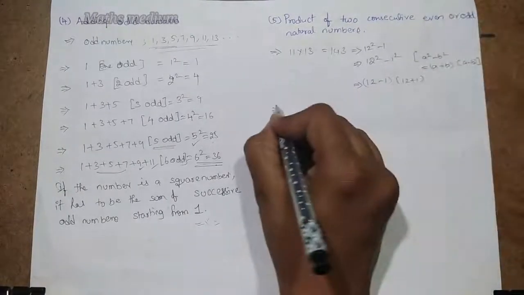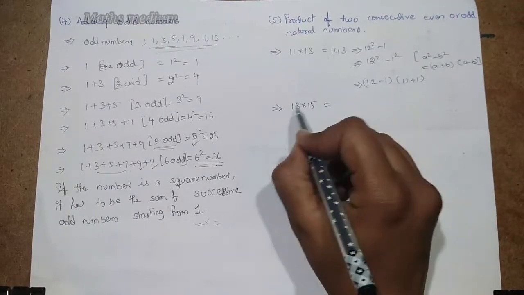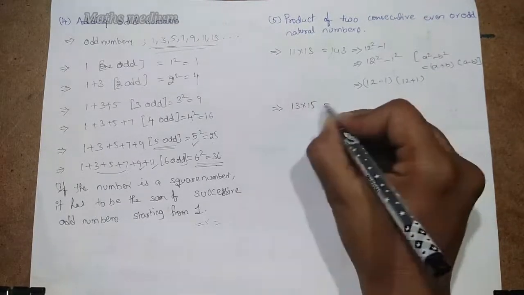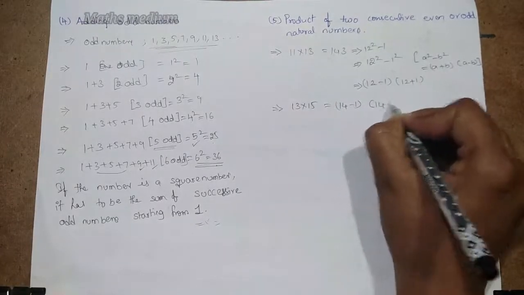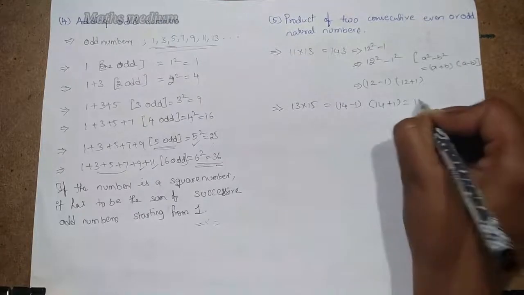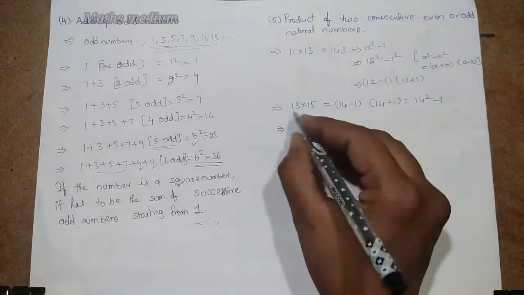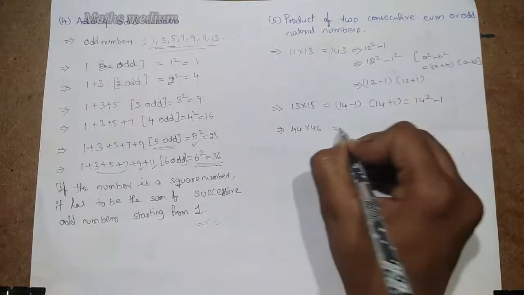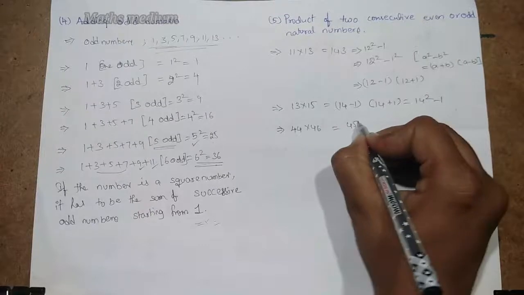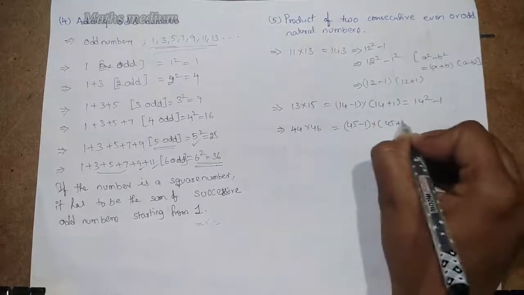Similarly, if you take any two numbers like 13 into 15, two consecutive odd numbers, these are also the same. Let's take here 14 minus 1 into 14 plus 1. It's like 14 square minus 1. If you take even numbers like 44 into 46, it can be written as 45 minus 1 into 45 plus 1.